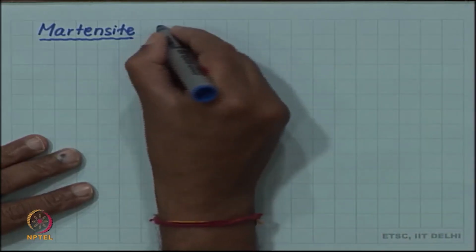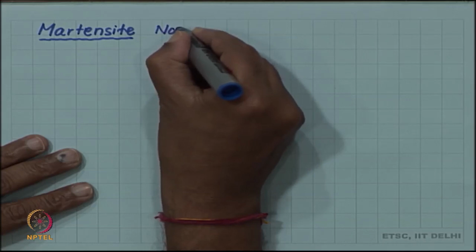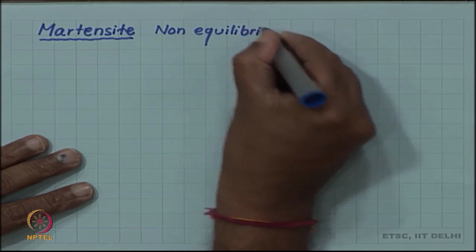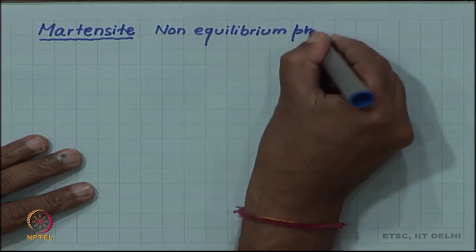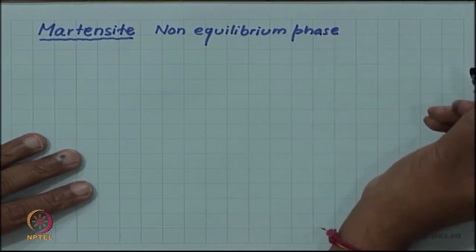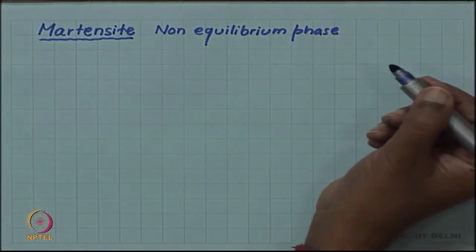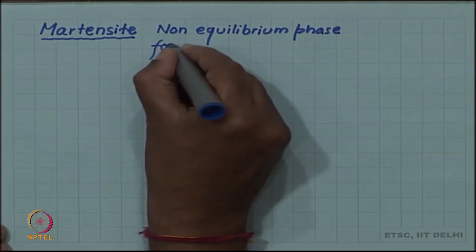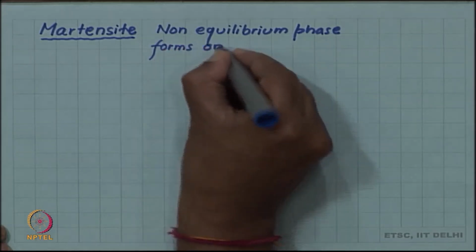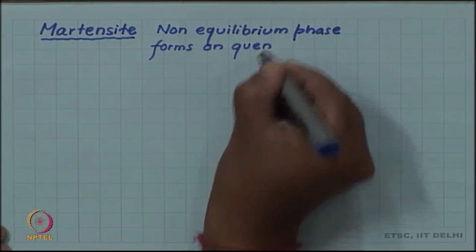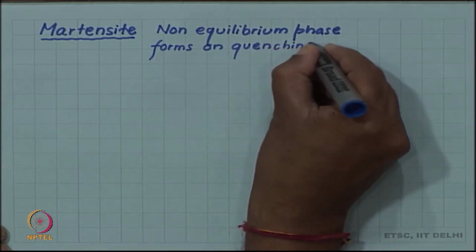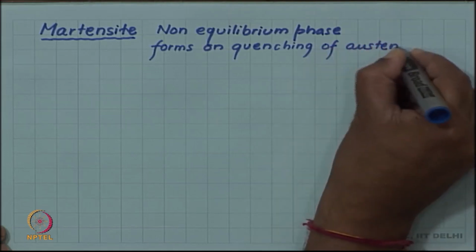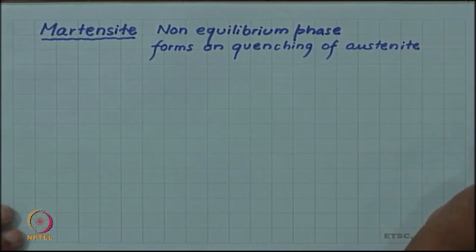So, first of all it is a non-equilibrium phase, and is formed on extremely fast cooling of austenite, that is, quenching of austenite.